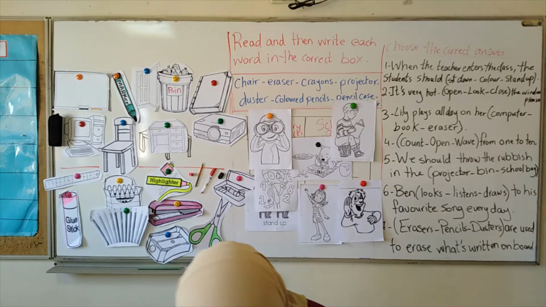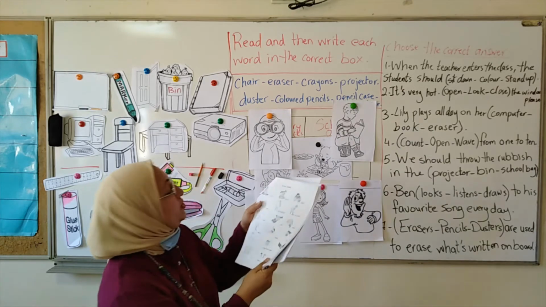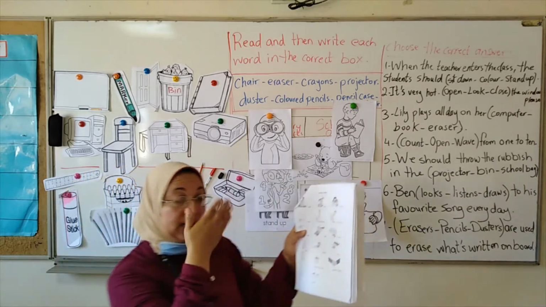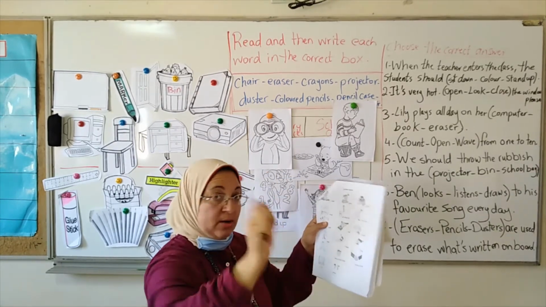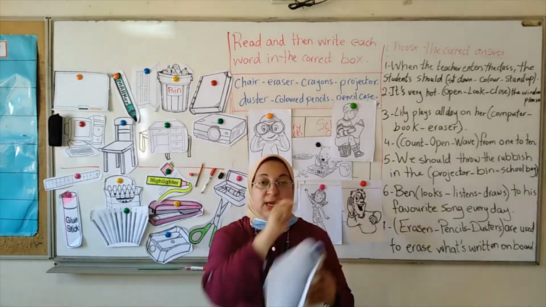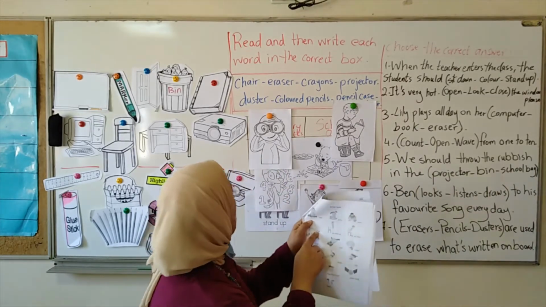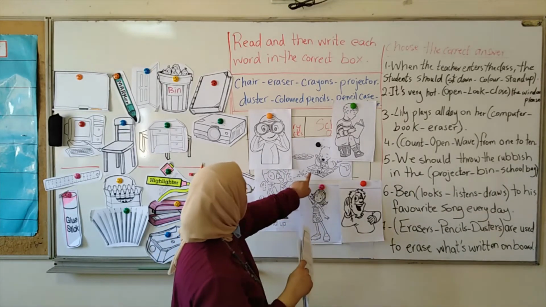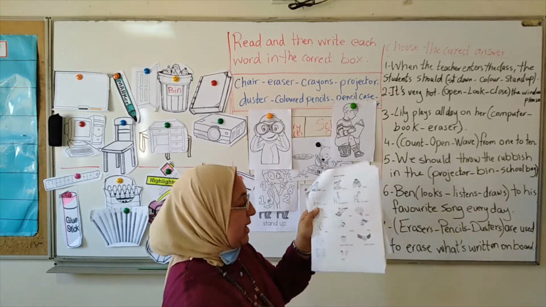Okay. So we have here some other verbs. Let's revise them here from our book because I don't have all the pictures. Here, the first ones: read, write, color, draw. Then stand up, sit down.